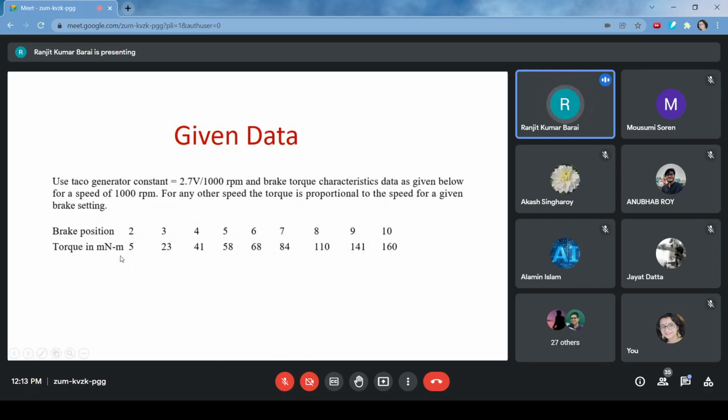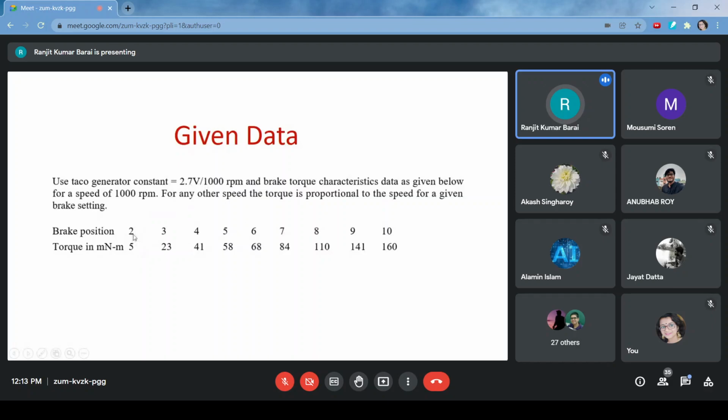This test was carried out at 1000 rpm, and at that time the tacho generator constant was 2.7 volt per 1000 rpm. The tacho generator is a linear device, so if the speed becomes 500 rpm, it will give you a voltage of 2.7 by 2, like that.